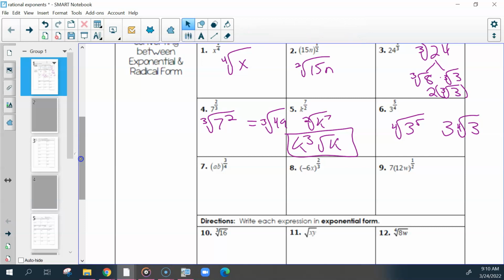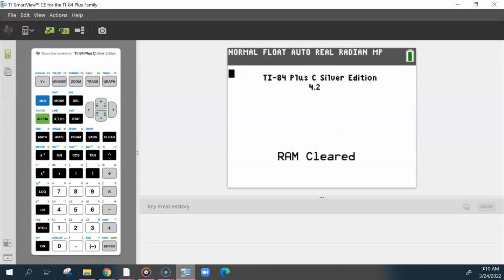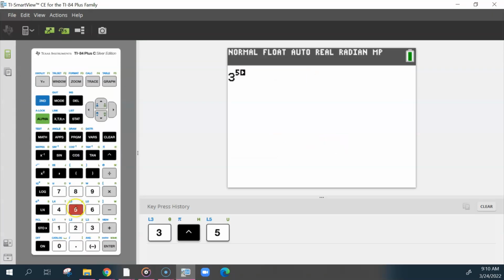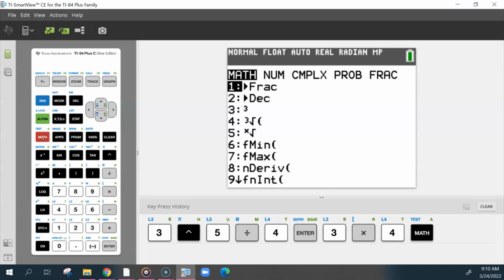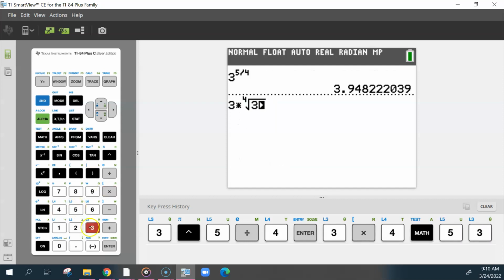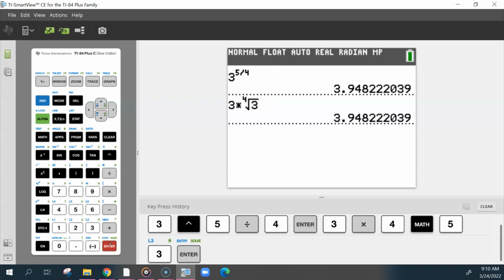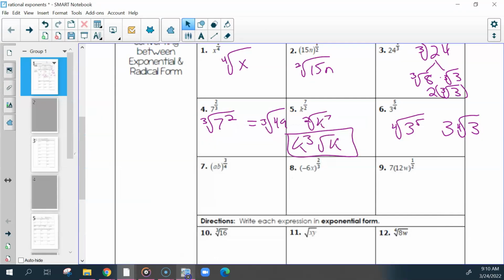If I put this and this in the calculator, it should be the same thing. 3 to the 5/4, and 3 times 4th root. So you can check those numbers and you still get it.